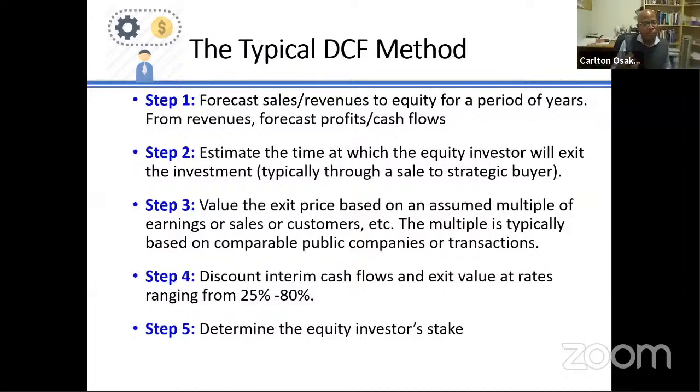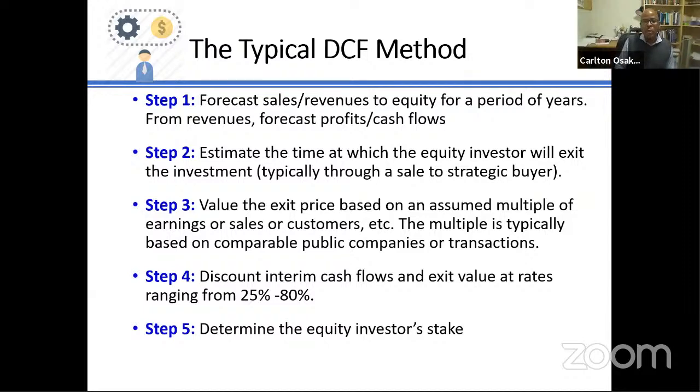I have written a paper, for instance, on the power dynamics involved with venture capital negotiations and entrepreneurs, and the process can be challenging. Okay, getting the venture capitalist or the equity investor to agree with the entrepreneur on what the forecasts are, what the correct discount rate is, what the correct multiple to use for the exit strategy is.